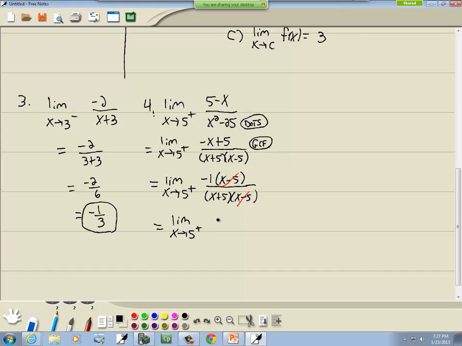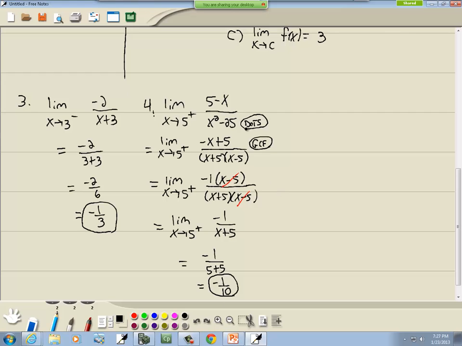That's from the right-hand side, so I have negative 1 over x plus 5. Now notice after I cancel out the x minus 5s, I can actually plug in this 5 now, can't I? So this is going to be negative 1 over, and if I put 5 in there, I got 5 plus 5, which gives us negative 1/10.